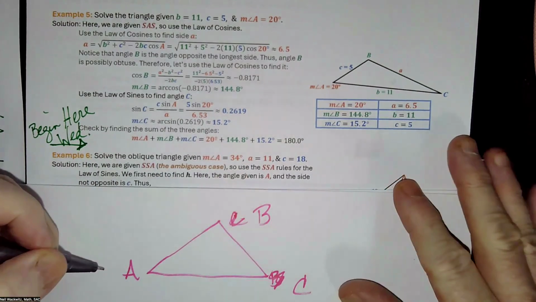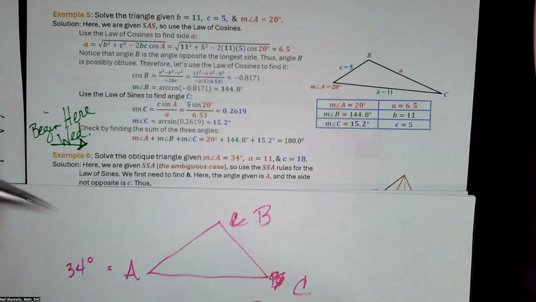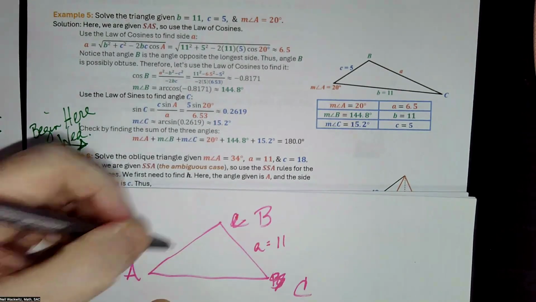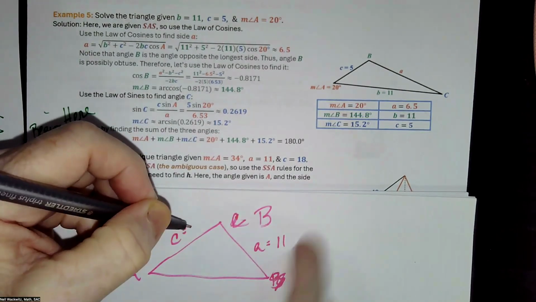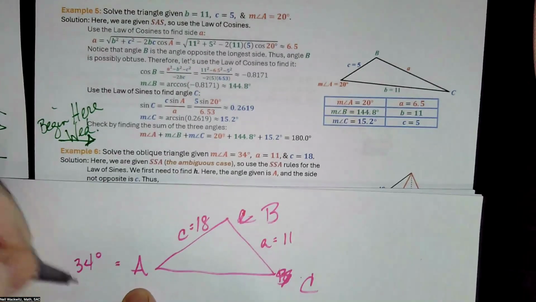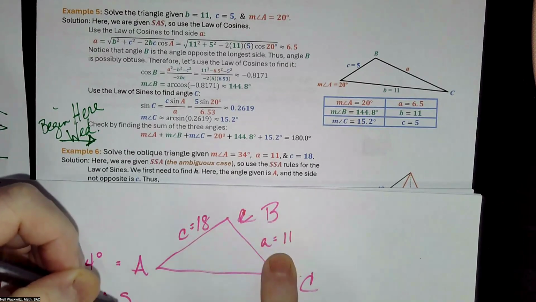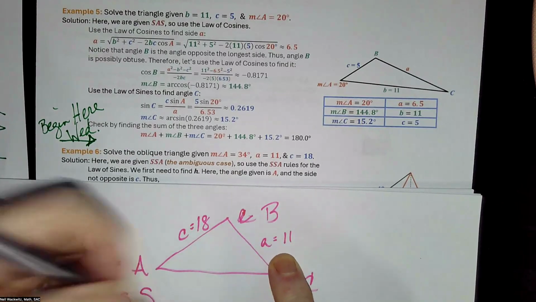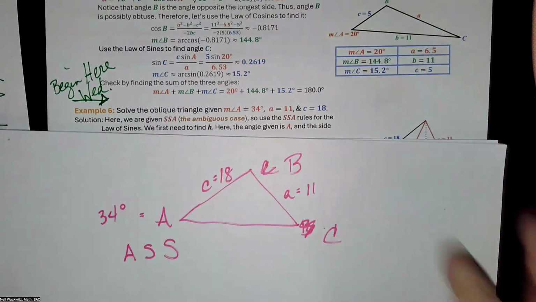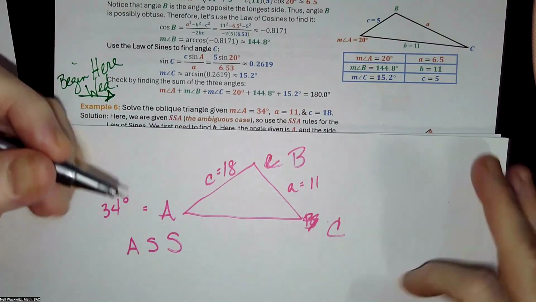So here we're given that the measure of angle A is 34 degrees, that little a is 11, and that little c is 18. So I know angle, side, side. And anytime you have that, you know that you're in the ambiguous case for the law of sines.